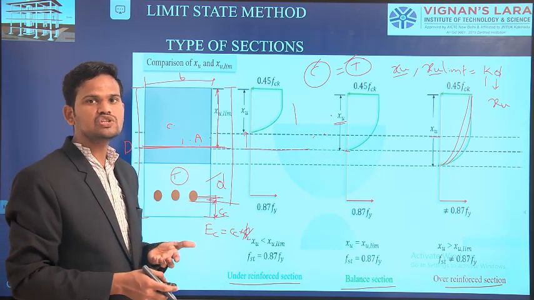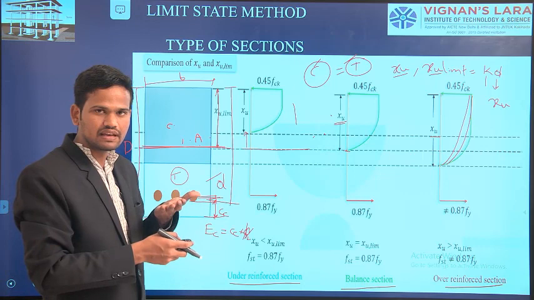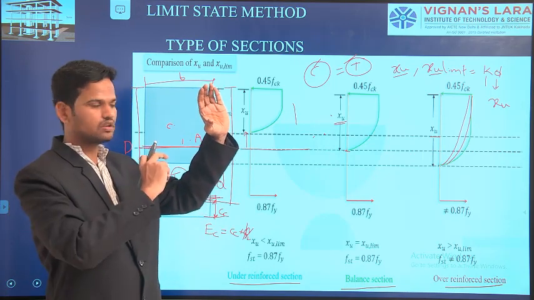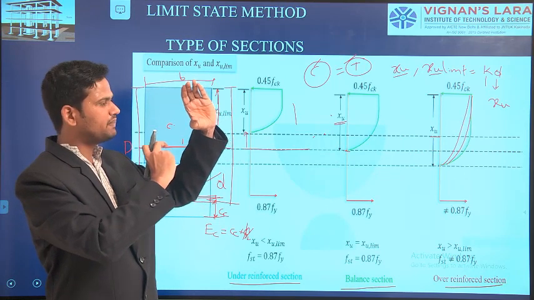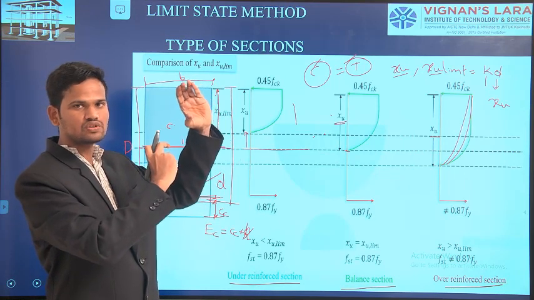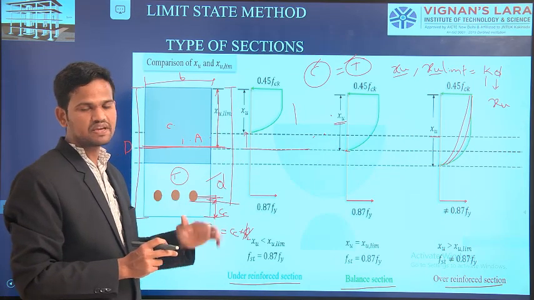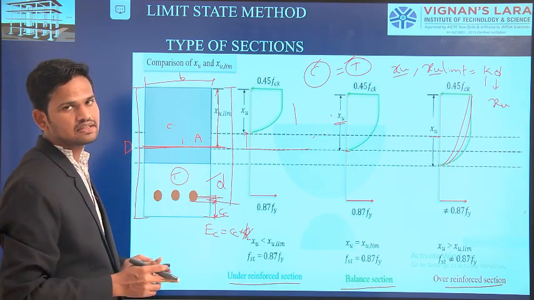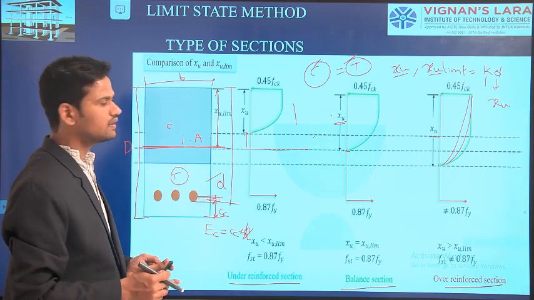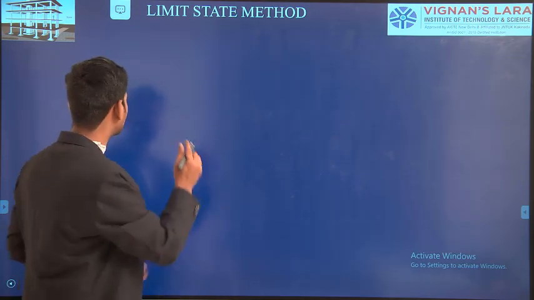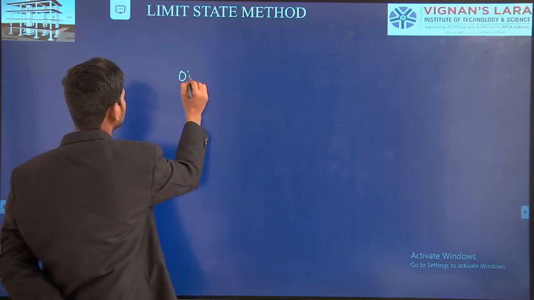That means some compressive force and some tensile force we have to take. Based on this concept, the position of the neutral axis changes, and we derive under reinforced, over reinforced and balanced sections. Next we will discuss the over reinforced section.